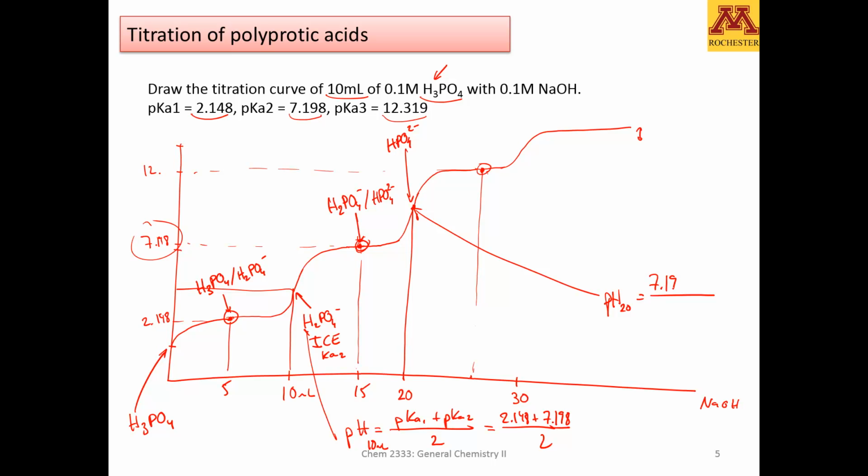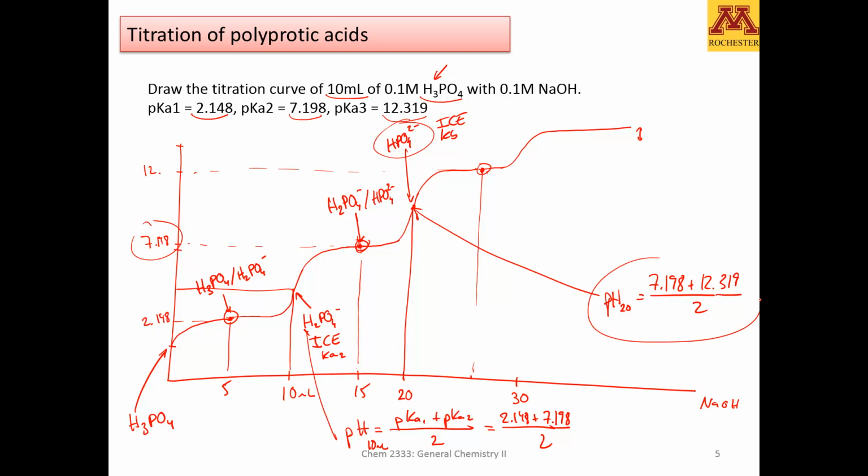So 7.198 plus 12.319 divided by 2. In theory, one should be able to draw the ice table, and notice that if you check on that list of acids and bases that you need to memorize, this hydrogen phosphate is a base, so you would need to build the Kb and find the concentration of OH negative, and then find the pH from that.